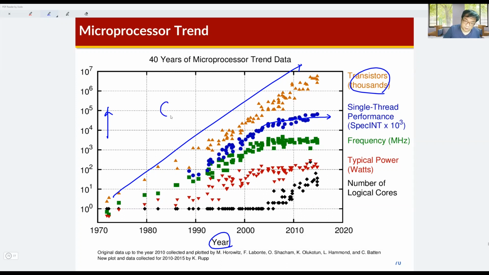So that means this is a single core. The performance of a single core is saturated.